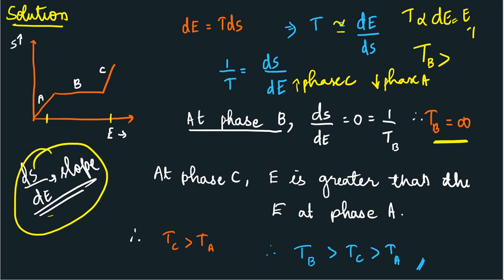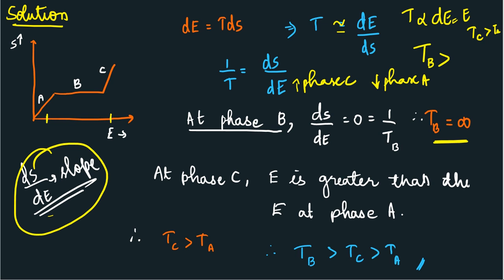Therefore, you can say that TC will be greater than TA. Else, you can use the slope also and then find the temperatures. So therefore, TC will be greater than TA. This is a simple thing.